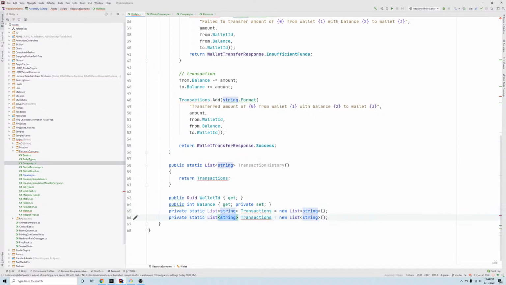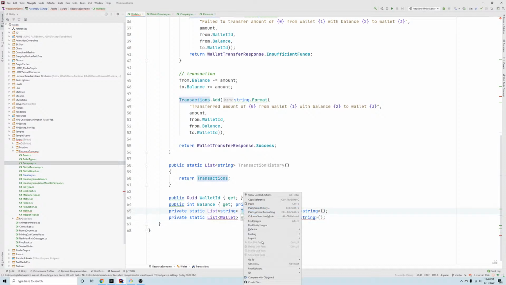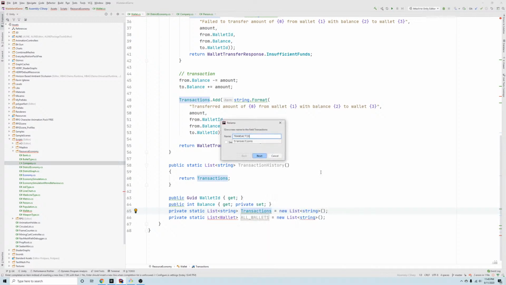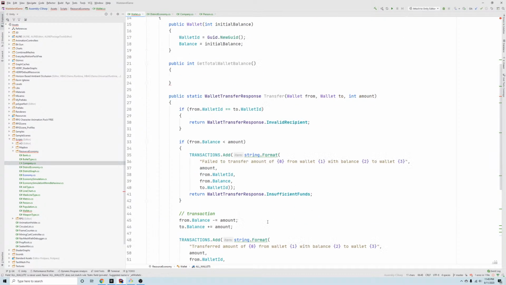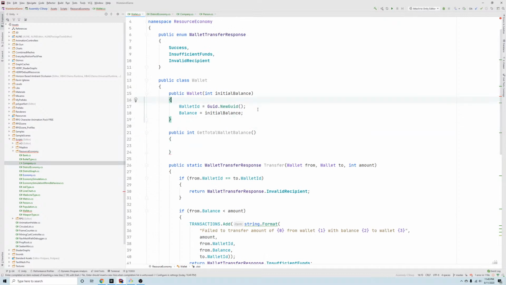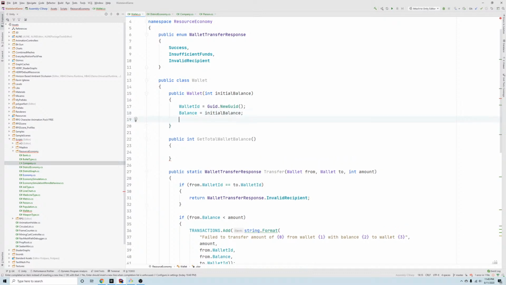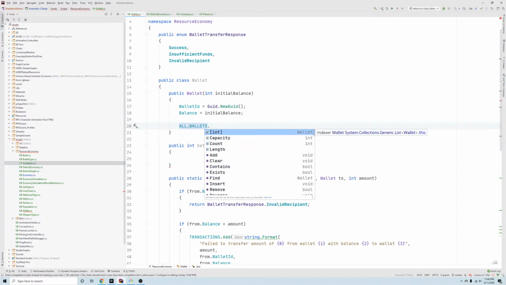One easy way to do that is just store a list of wallets. And when a wallet's created, we can add it to this list.